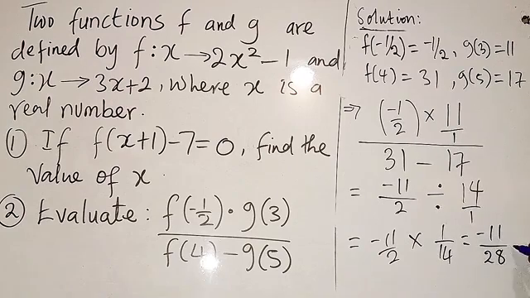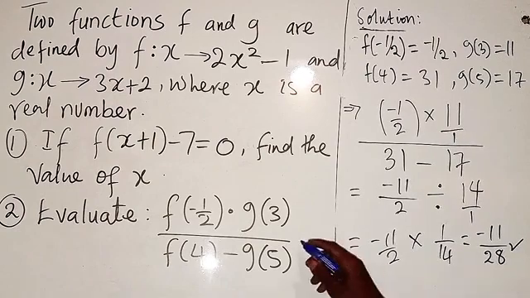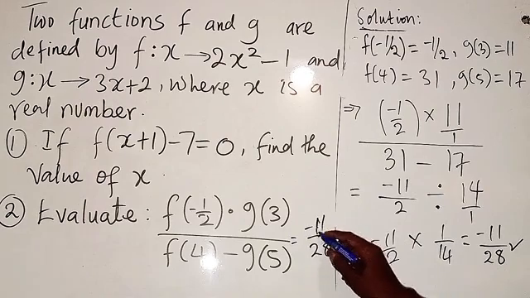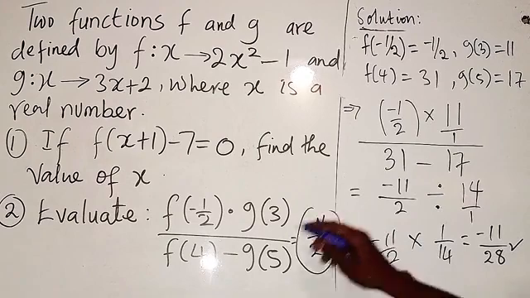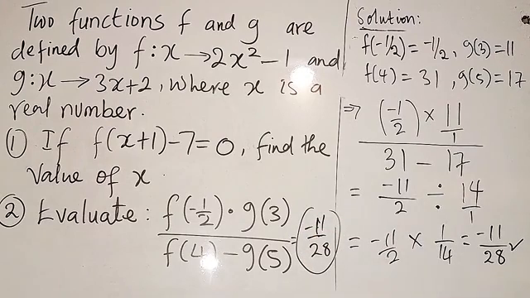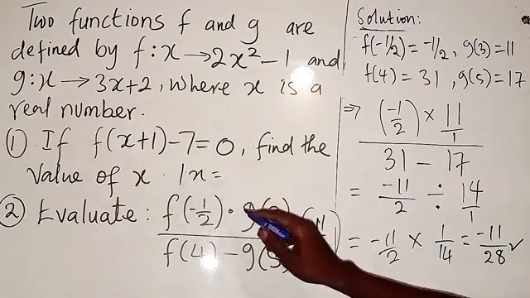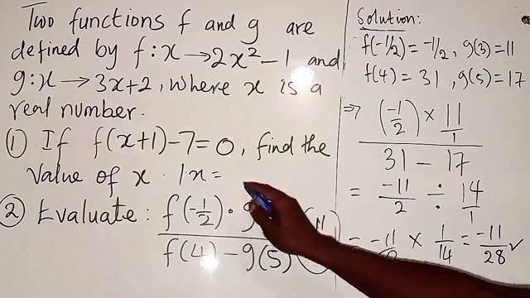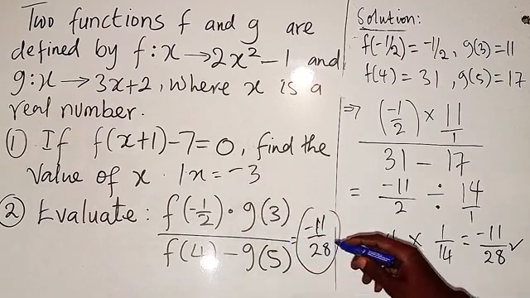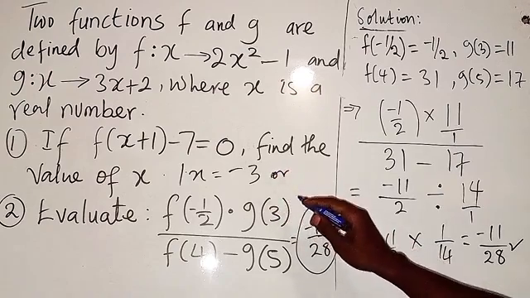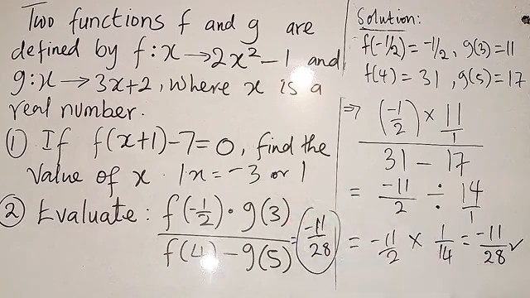So therefore we have the solution here to be minus 11 over 28. Okay, that's what we have, minus 11 over 28, right? And for the one we did earlier, we have x equals minus 3 or 1. So these are the two possible values of x we got, right?